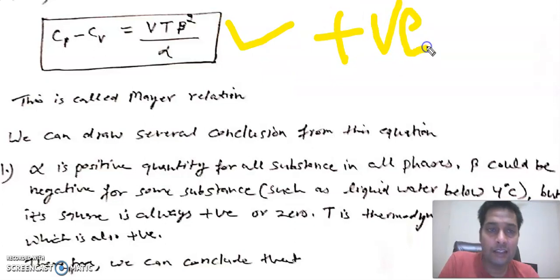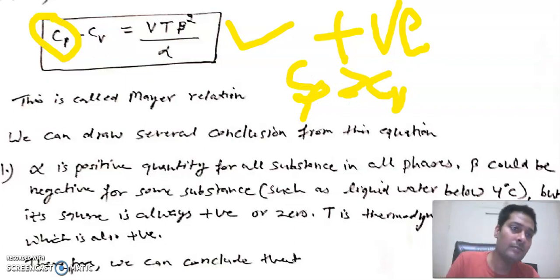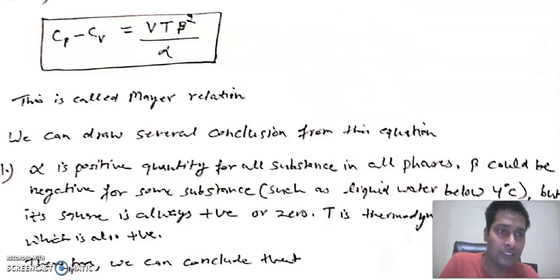What does it indicate? It indicates Cp minus Cv is always a positive quantity, so Cp is always greater than Cv. This is our first conclusion.